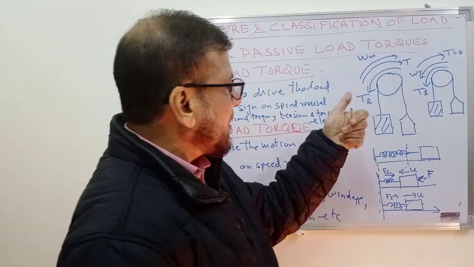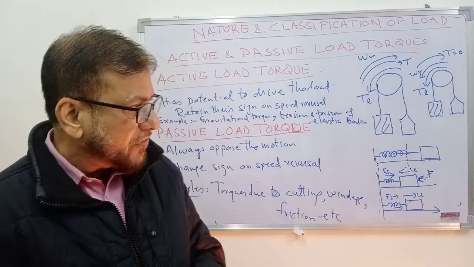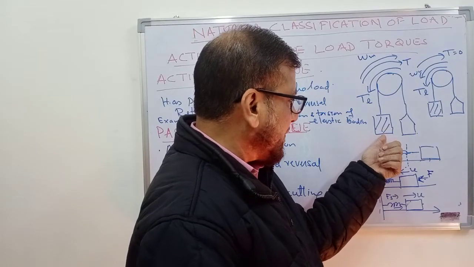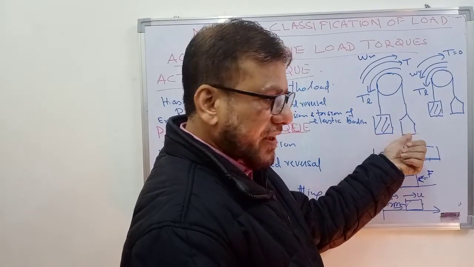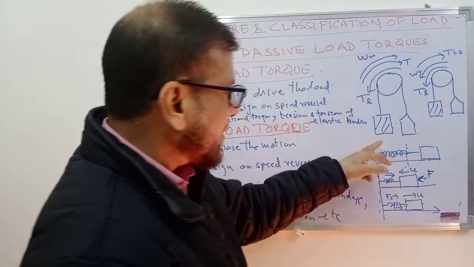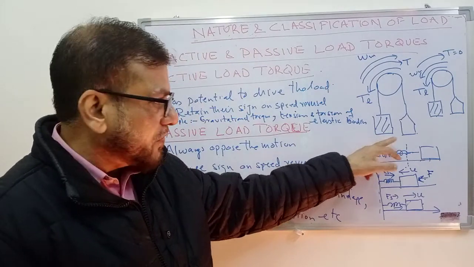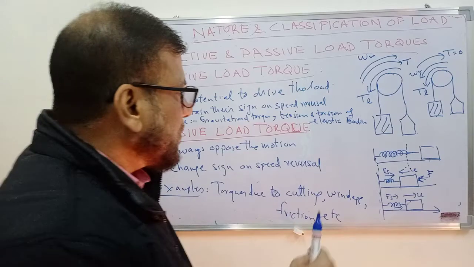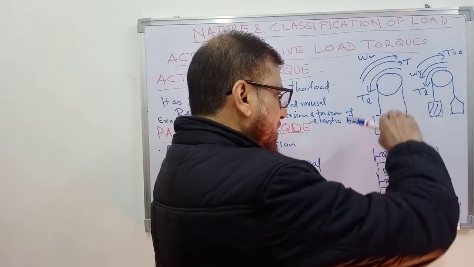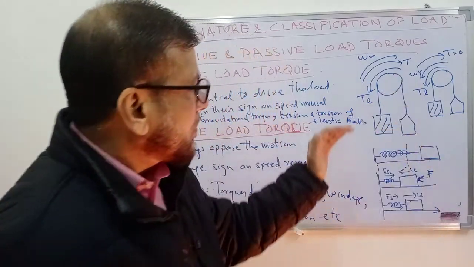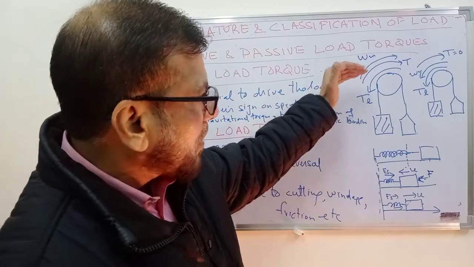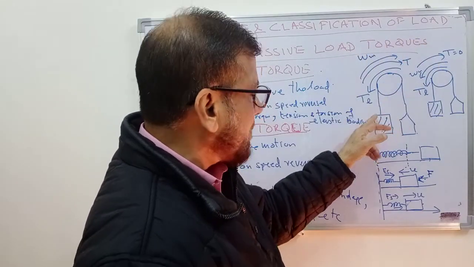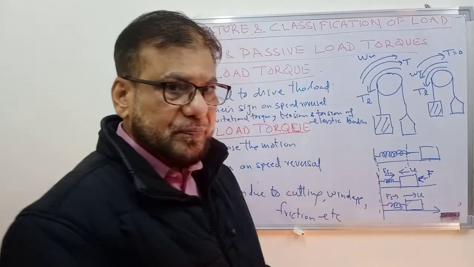Let us recall the case of a lift, where on one side we have the counterweight, on the other side the cage, and the weight of the counterweight is more than the weight of the empty cage. Suppose you have to move the cage downward, so you have to apply a torque from the motor in the clockwise direction to overcome the load torque.